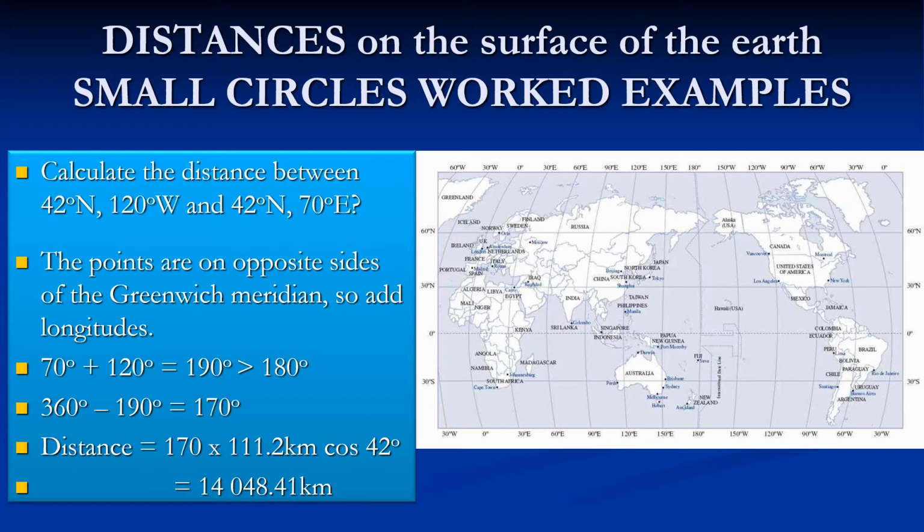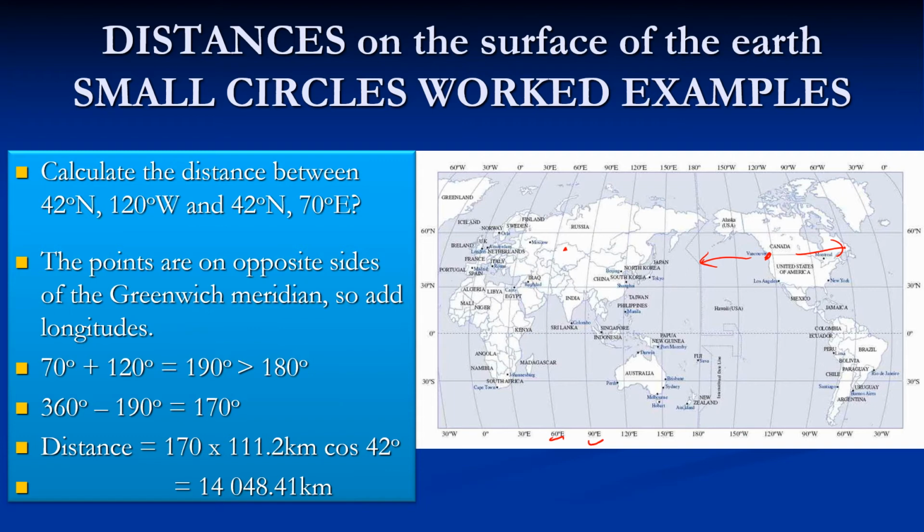A second example is, what if we're travelling now from 42 degrees north, 120 west, so we're up here somewhere, about there, and we are travelling to 70 degrees east. So there's 60, there's 70, and we want to travel to about there, the middle of Russia. Now, they're on opposite sides of the Greenwich meridian, so is it going to be quicker to fly that way or quicker to fly that way? So let's add them first of all, because they're on opposite sides of the Greenwich meridian.